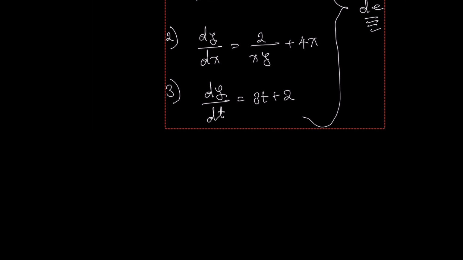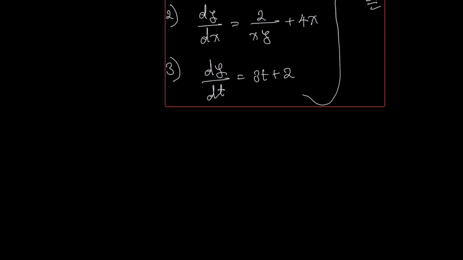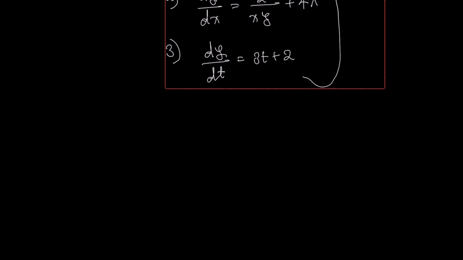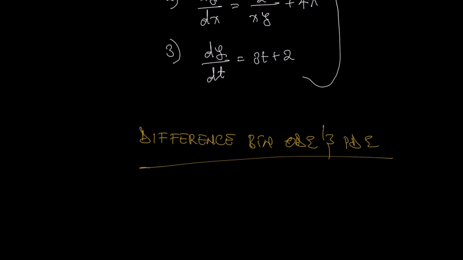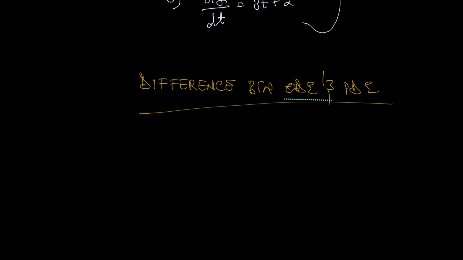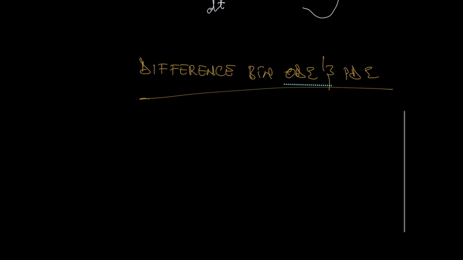Obviously, from the difference you will know. So the key difference between ODE and PDE lies in the number of independent variables. So I'm going to show you some examples and hopefully it will make sense.